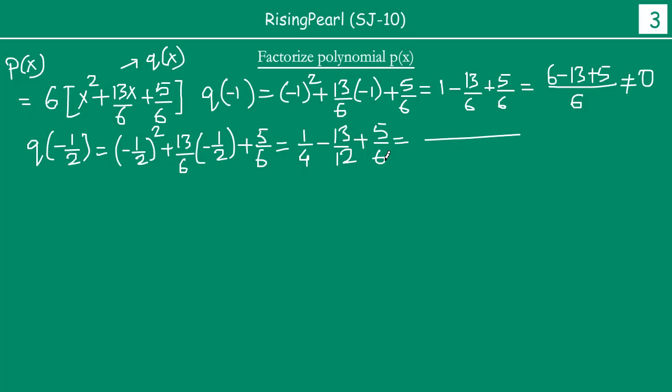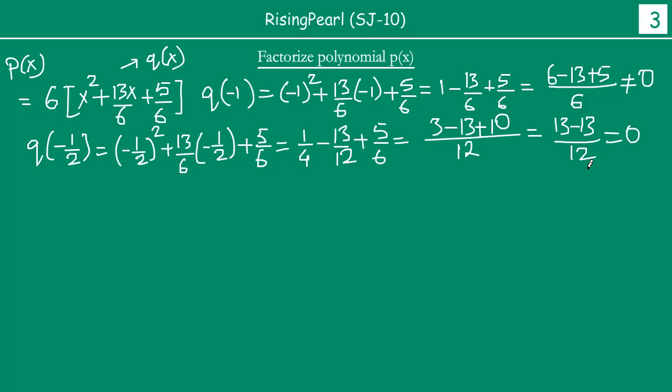यहाँ पे if you take the LCM of the denominator, you have 4, 12 and 6. Your LCM will be 12. 4 3s are 12, so 3 1s are 3, minus 13 plus 6 2s are 12, 5 2s are 10. So 3 plus 10 is 13 minus 13 by 12.